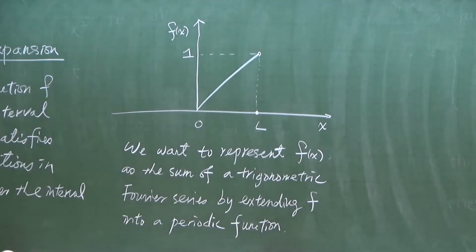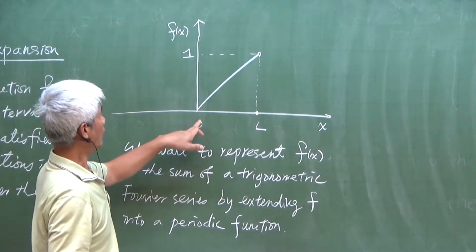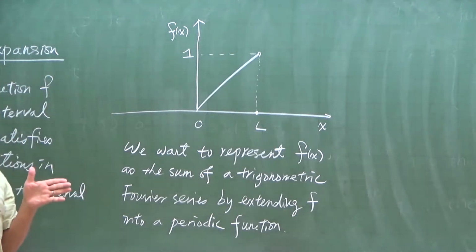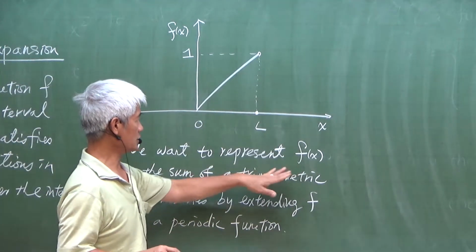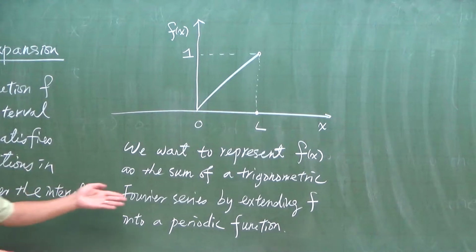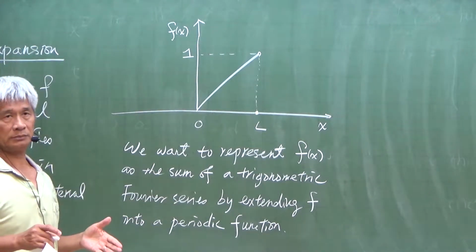Right, so our purpose is that because the function is defined only on this finite interval, but to be able to represent a function by a trigonometric Fourier series, we actually have to extend f to be a periodic function.